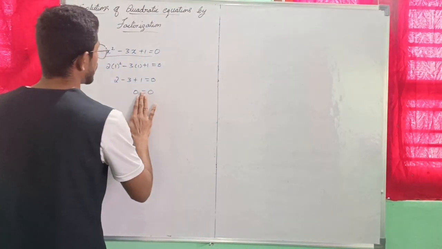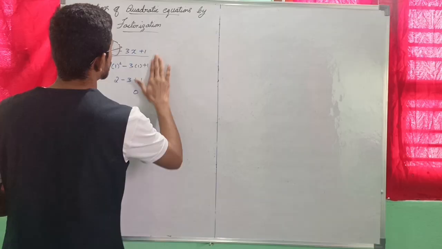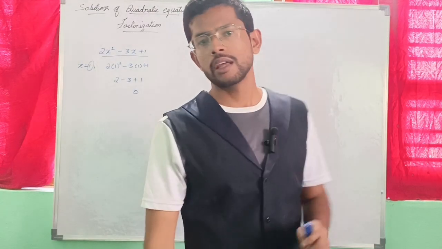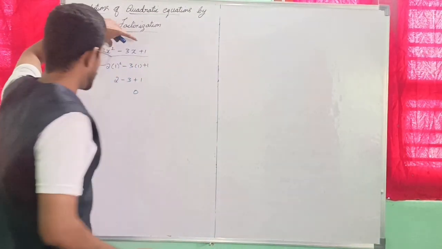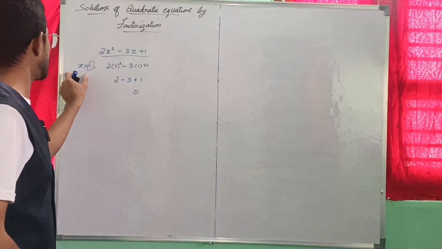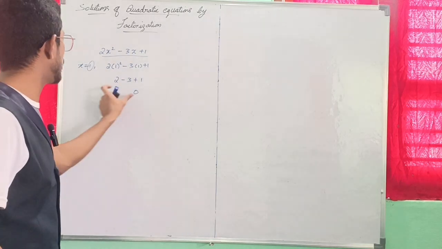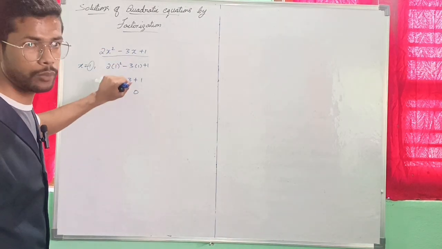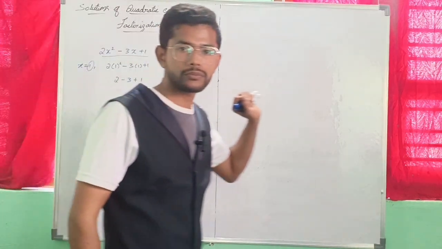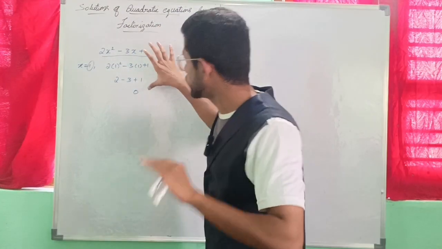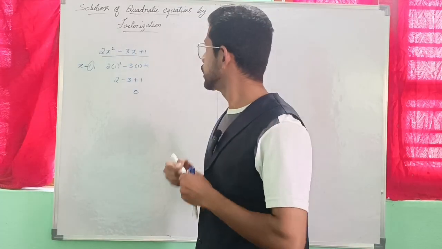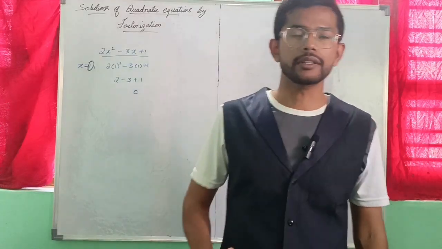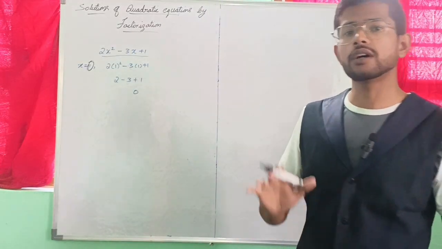When I take a polynomial, not a quadratic equation, a quadratic polynomial, and take x equal to 1, then when I replace x by 1 in the quadratic polynomial, we get 0. Right? So we can say that this 1 is the 0 of the quadratic polynomial.